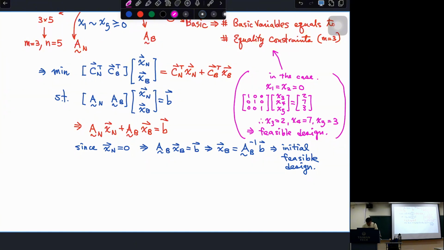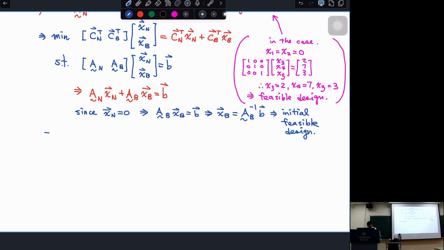Okay? So, but in general, xb equals what? In general, xb equals b vector minus an xn, with AB inverse in the front, right?